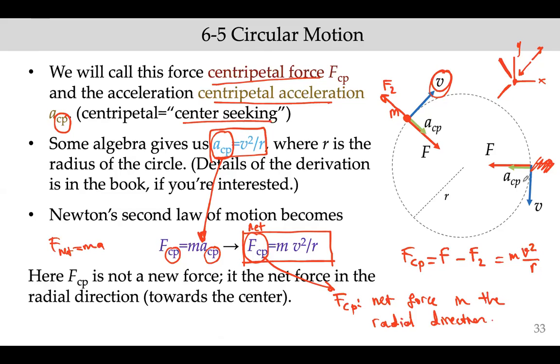So you should really forget about those fictitious forces that you may have used in high school, and learn this method. This method tells you that if there is a circular motion, there is definitely a net force towards the center. For example, if F2 is equal to F, you cannot really get circular motion. Why? Because F net in the radial direction, F_CP, would be 0. If F equals F2, this would be 0, so you would not get any circular motion in this case.